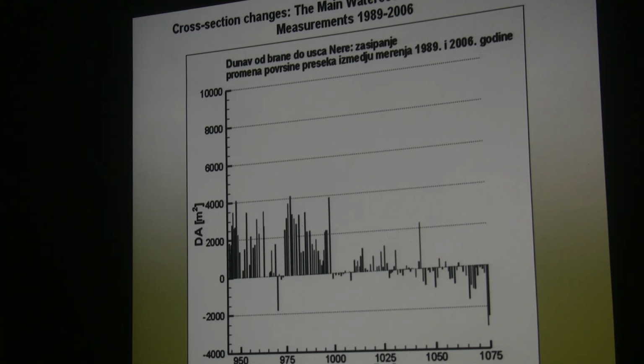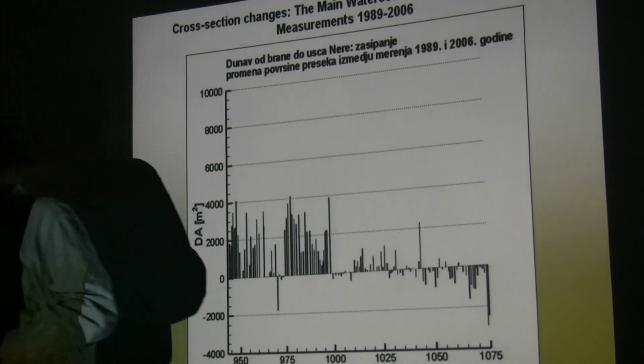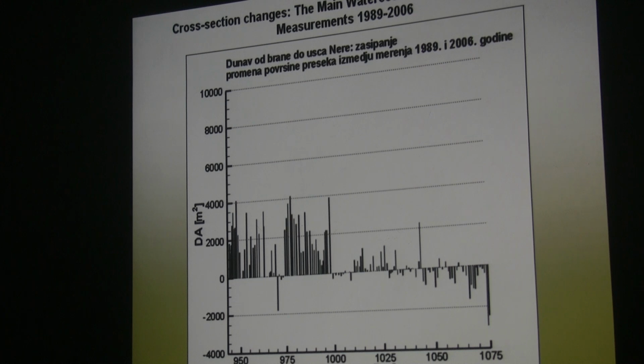We can see whether a cross-section was eroded, with enlargement of the cross-sectional area, or whether there was deposition, sedimentation, so the cross-section shrinks. These are results of measurements between 89 and 2006, not exactly the same as what we were computing, but close.